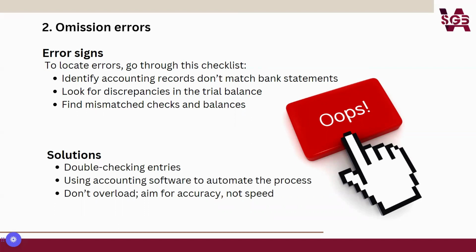So you omitted the zero. That's an example of omission errors. How will you locate them? Identify accounting records that don't match with bank statements, look for discrepancies in the trial balance, and find mismatched checks and balances.